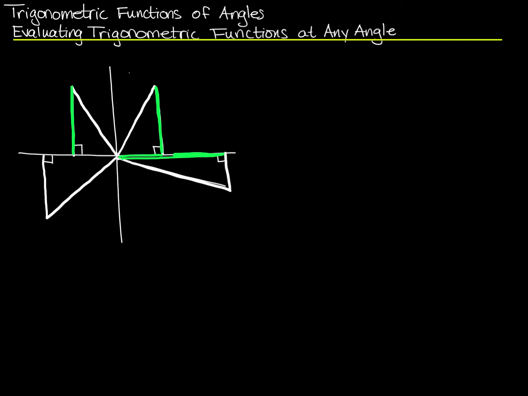Let's see. Wherever there's a negative y, right, I'm going down below the x-axis here, so those y's will be negative, and negative x will occur there and there. And of course, my hypotenuse will always be positive, so I'm just going to leave those for now.